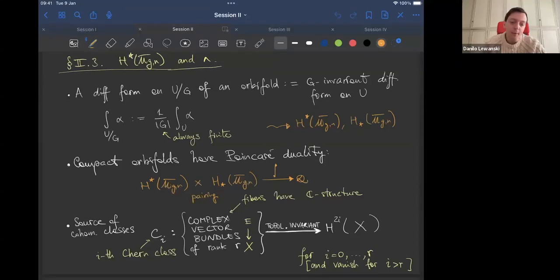And also compact orbifolds have Poincare duality. So now you can take the pairing between the cohomology and the homology, and then you can project on your field, let's take the rational numbers as field, through the integral. And this is a very nice result that you can use for computations.